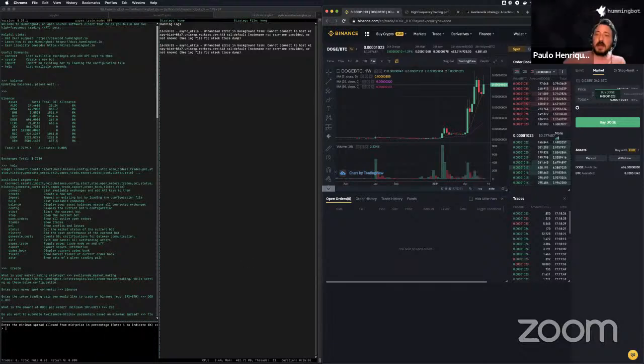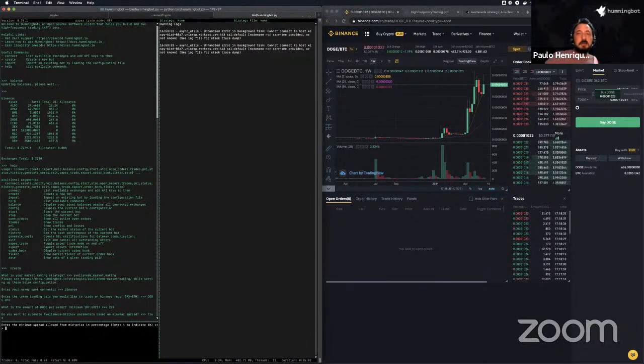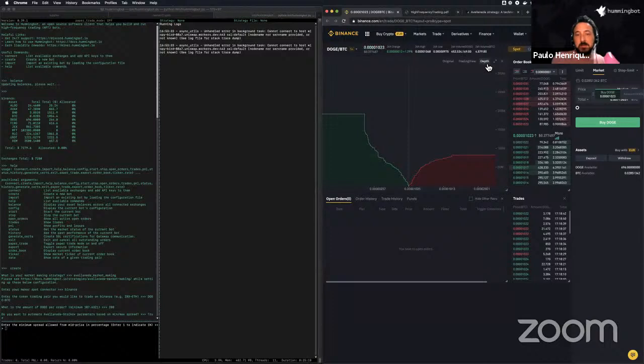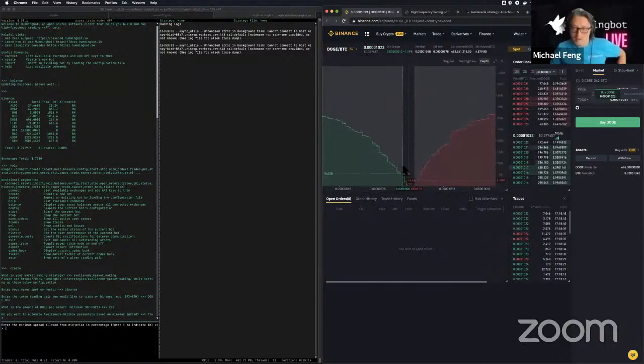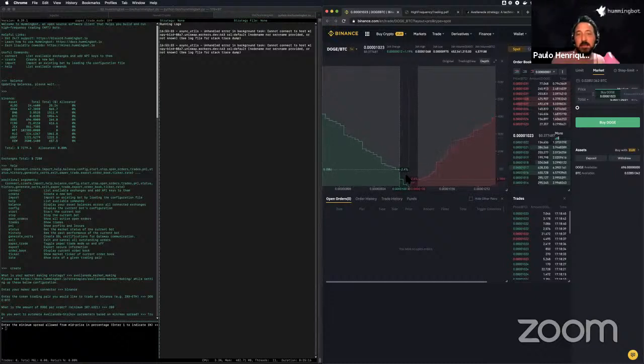A good way to see the market spread is to click on the depth graph. Okay, got it. Yeah, you can zoom in. Oh yeah, you can see where the orders accumulate on the book.